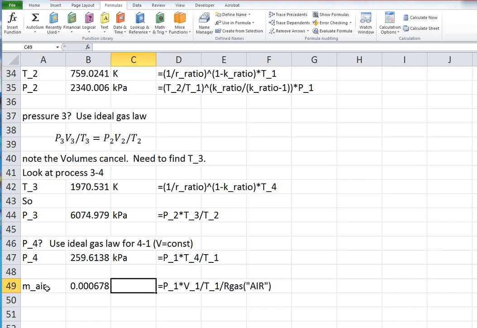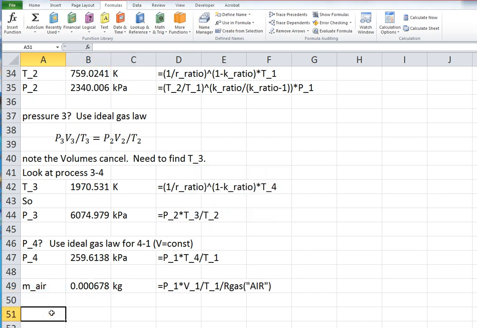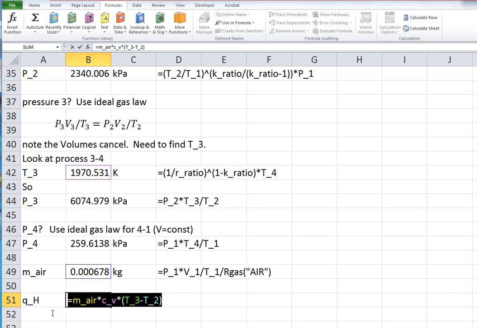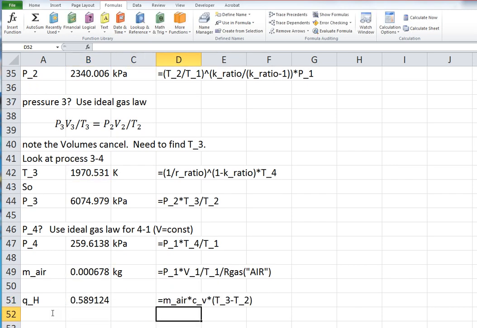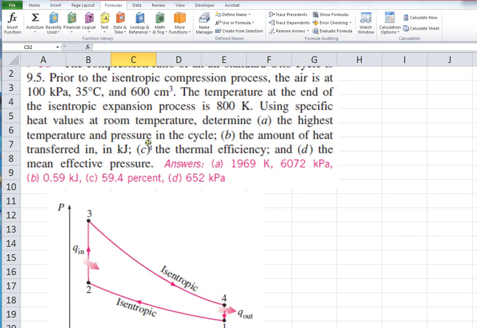And this will give us the mass in kilograms. So now that amount of heat transfer is just going to be equal to the mass of the air times the specific heat times the temperature change. Okay, so we've got that.